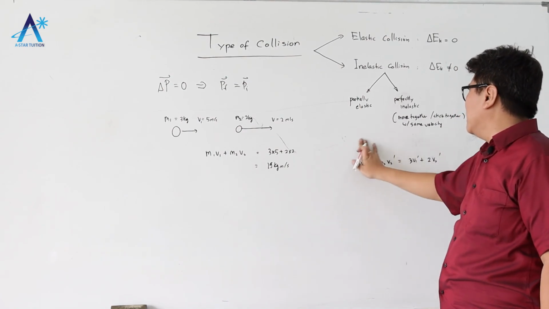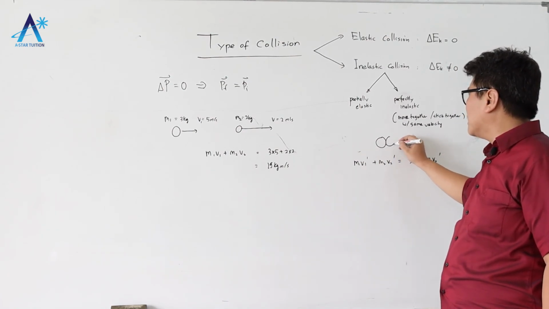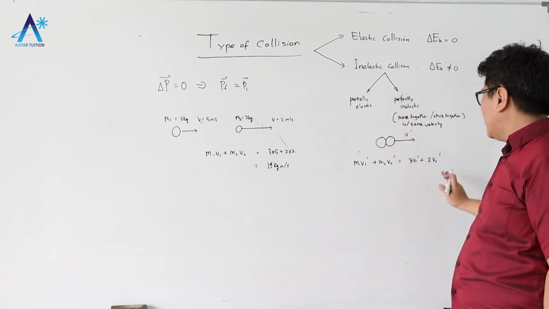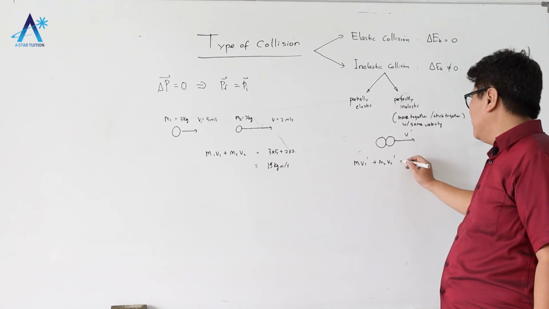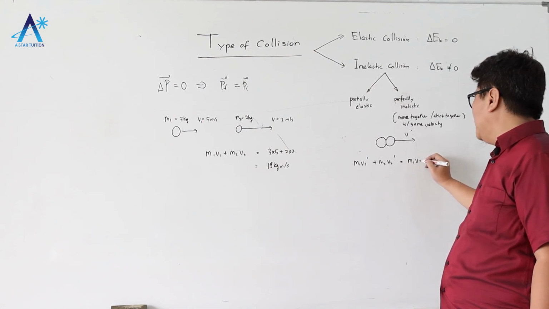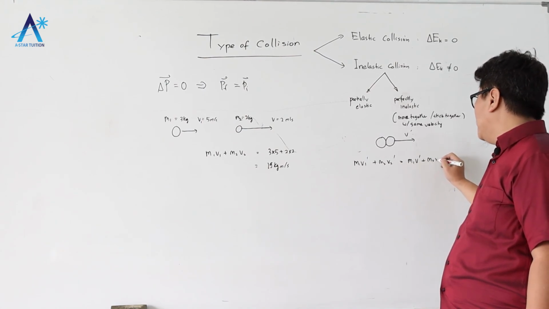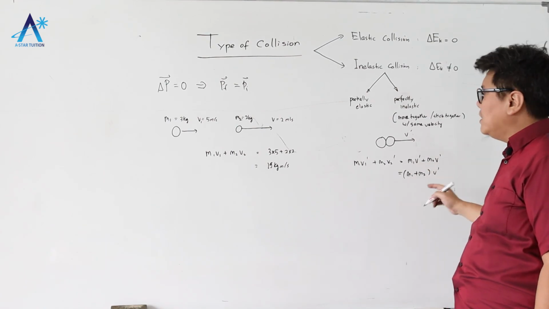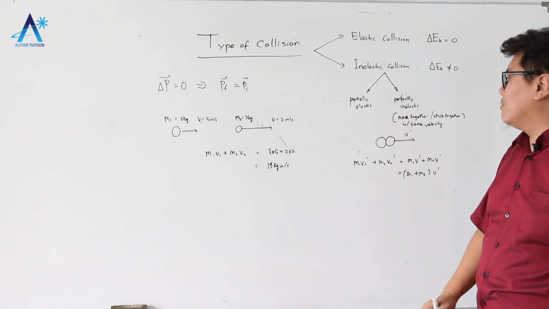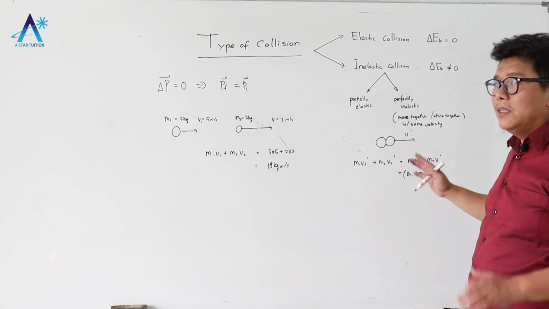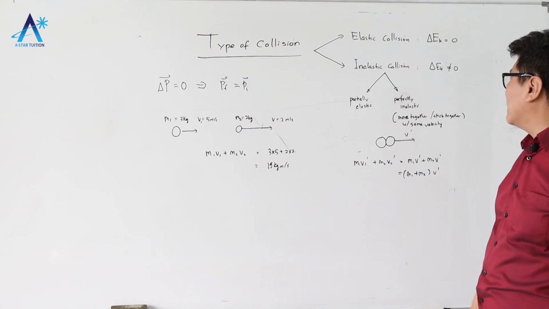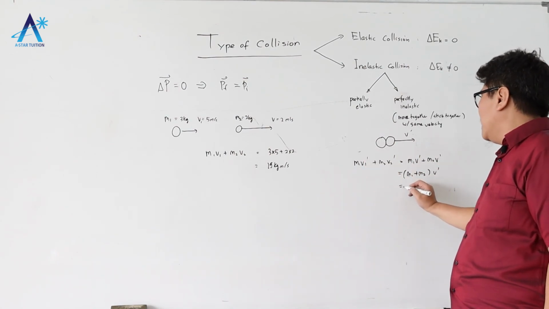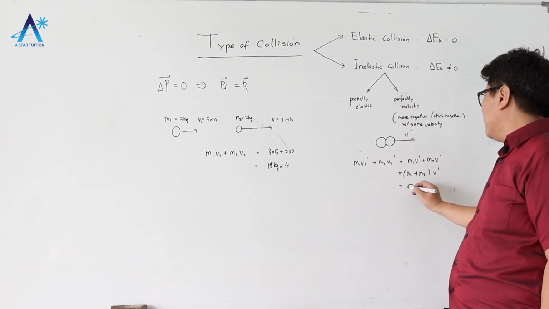So m1 v' plus m2 v' is equal to m1 plus m2 times v'. This simplifies the calculation a lot. But remember, this only works for a perfectly inelastic collision in which the two objects stick with each other after collision. In this case, m1 plus m2 is 5.